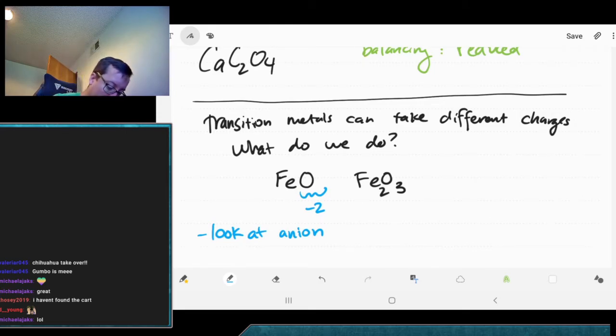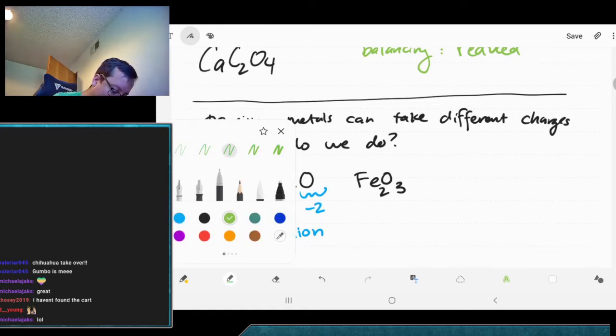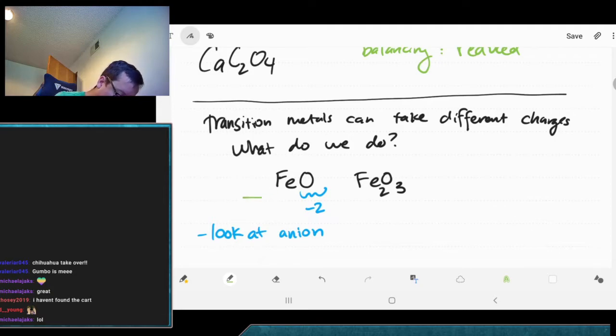So therefore, the iron must be +2. I mean, that makes sense, right? We know oxygen takes a -2 charge, and that's a fixed charge. So oxygen doesn't have the choice. Oxygen always is -2. So therefore, if I've given you this chemical formula, that means that the iron is +2.